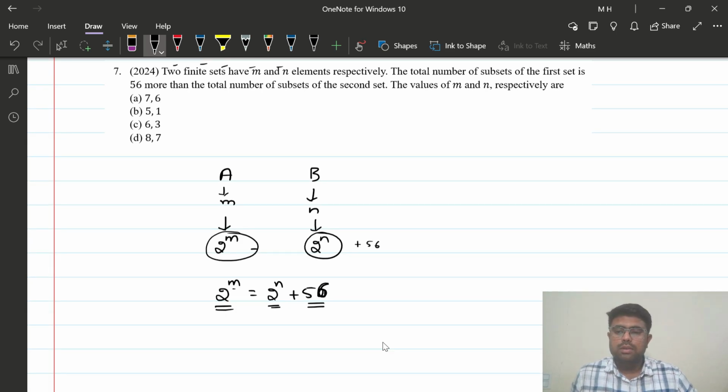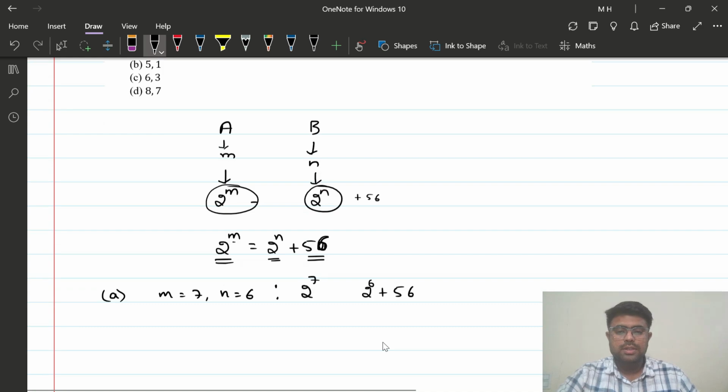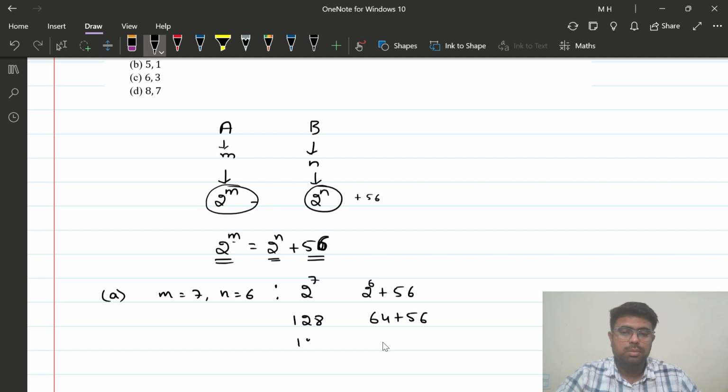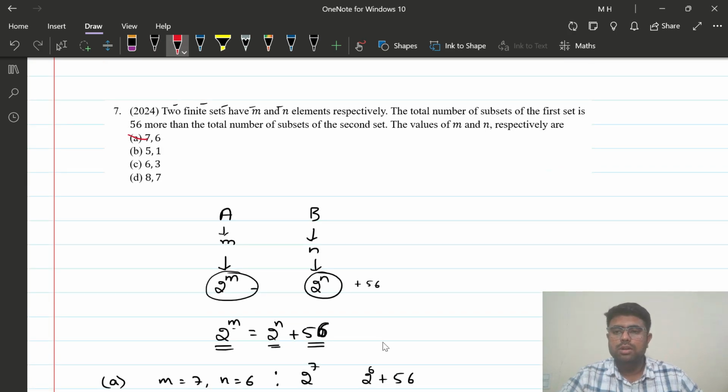So if I put option A, m equal to 7 and n equal to 6, I get 2 raised to 7 on this side, and 2 raised to 6 plus 56 on the other side. 2 raised to 7 is 128. 2 raised to 6 is 64 plus 56, which ends in 0 in the unit place, since 4 plus 6 is 10. So these two are not equal, and option A is wrong.